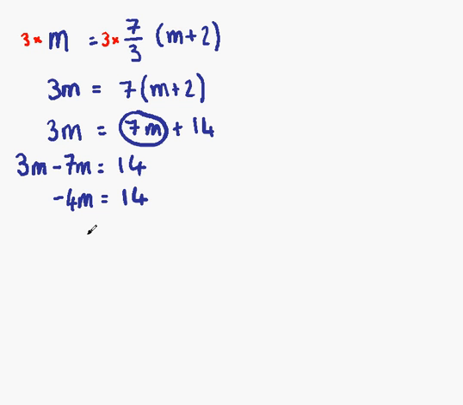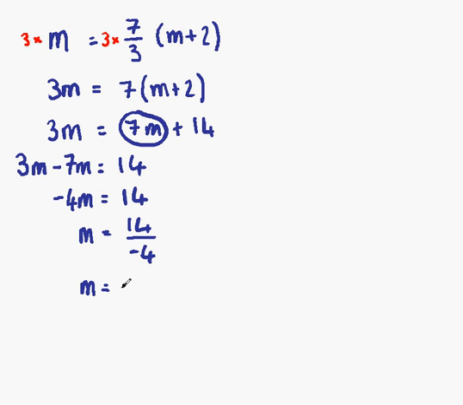Minus 4m equals 14. So that means m is equal to 14 divided by minus 4. Now, what we have now is a top-heavy fraction, which can be changed into a mixed number. First of all, we have a positive 14 divided by negative 4.